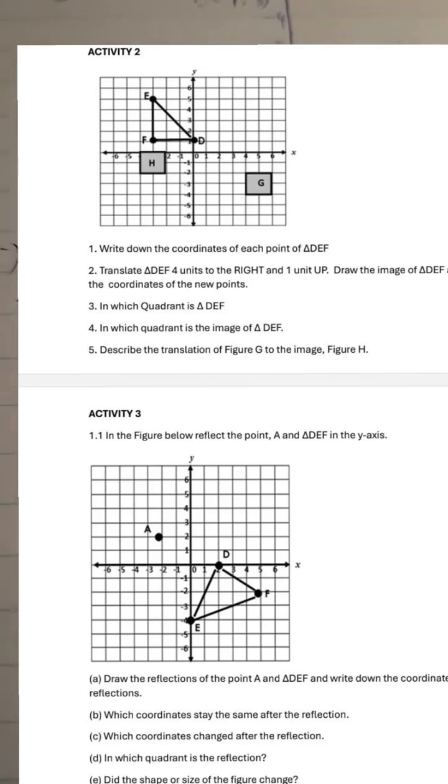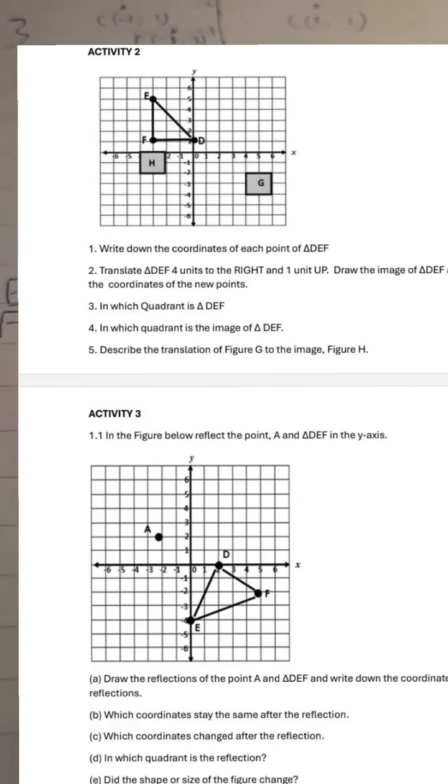So if I go to my top left corner of G, where the coordinates are 4 and -2, hopefully you can see that.